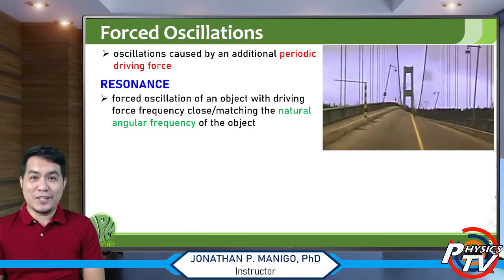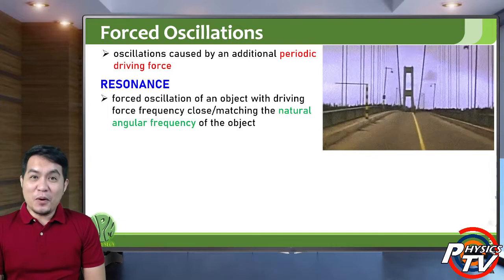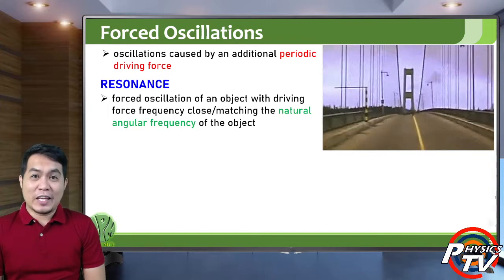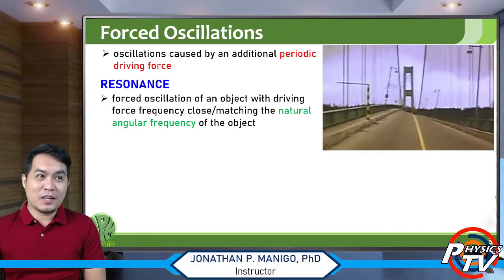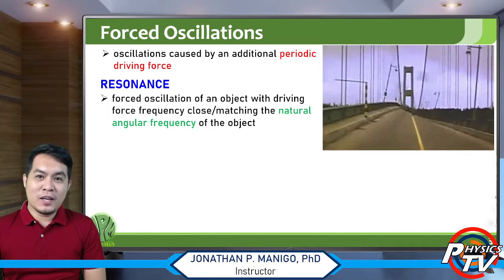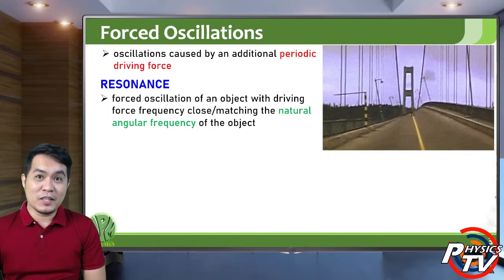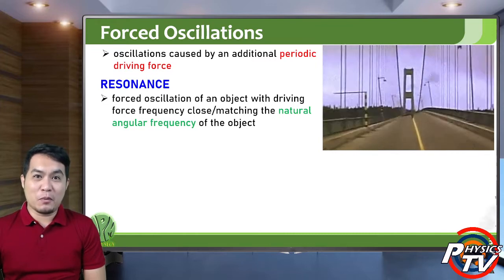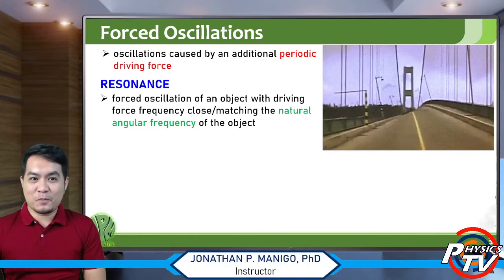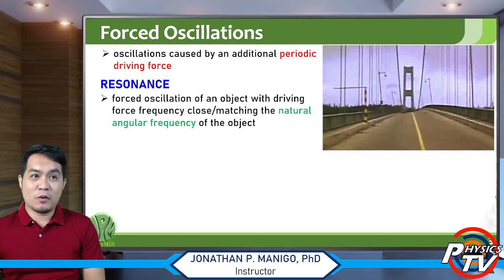As a civil engineer, you really need to take into consideration the natural angular frequency of the bridges or buildings that you are constructing, so that they will not match any known frequencies of earthquakes.